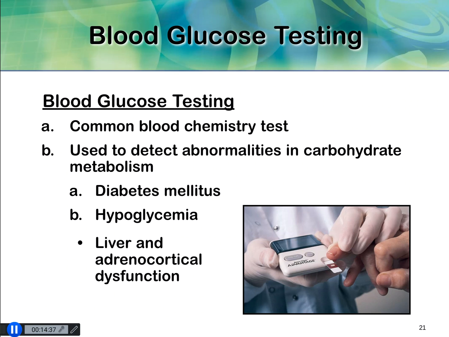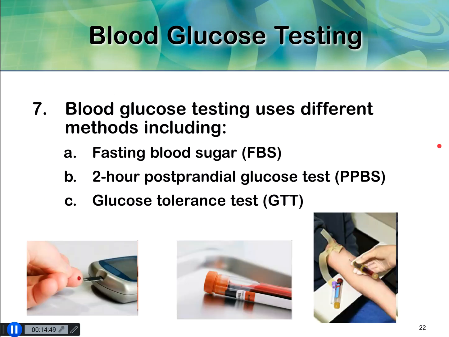It can also indicate a condition called hypoglycemia, so low blood glucose, and then liver and adrenocortical dysfunction as well can affect the blood glucose numbers. So the testing comes in different methods. We can do a fasting blood sugar, which is known as FBS, and then we can do a 2-hour postprandial glucose test. Postprandial means after eating. And then we can do a glucose tolerance test, which is known as the GTT.